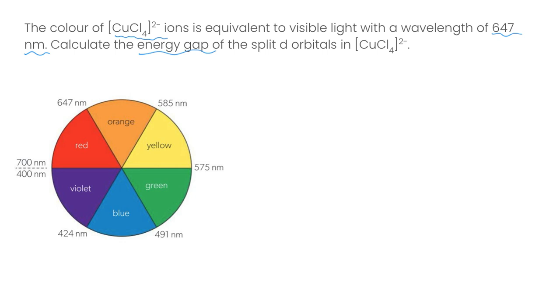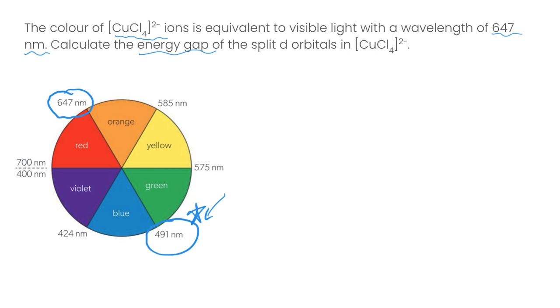Now, we first need to recognize that the color corresponding to 647 nanometers is appearing reddish orange, but it's absorbing on the opposite side this blue-green frequency here. So we need to use this one in our calculations in order to figure out the energy.